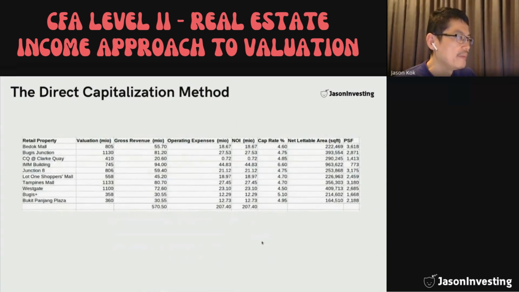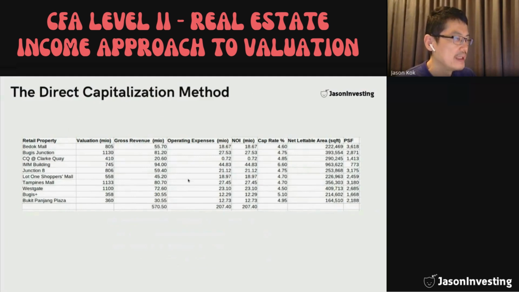So looking at the CapitaLand CICT REIT example, we have the following retail property, and these are the valuations given by the appraiser. Given the NOI, which is the gross revenue minus the operating expenses, we can derive the NOI.